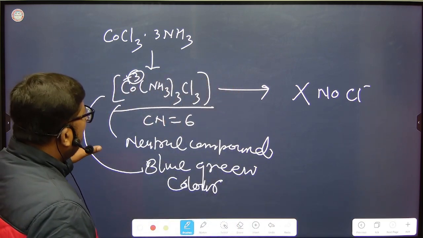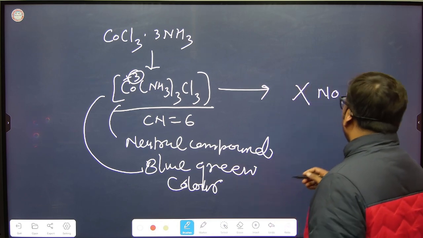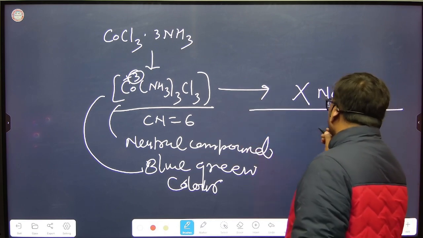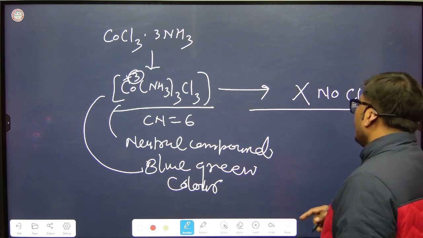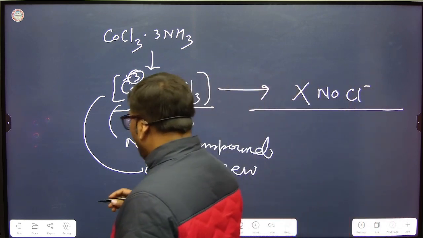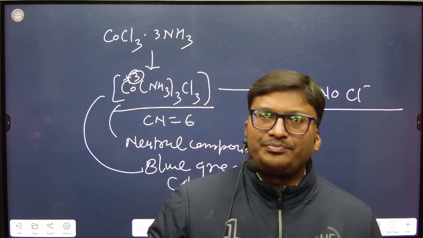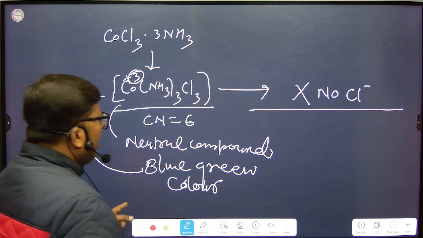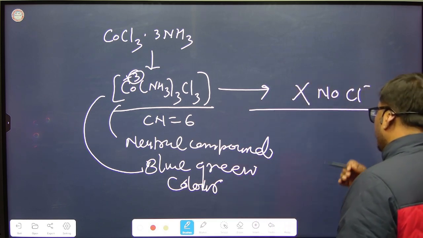And in his experiment, what he has elaborated is that this compound bears octahedral geometry and the number of chloride ions and ammonia molecules that directly bond to cobalt gives us an idea about the coordination number, right? So this is the way by which coordination chemistry came into existence.